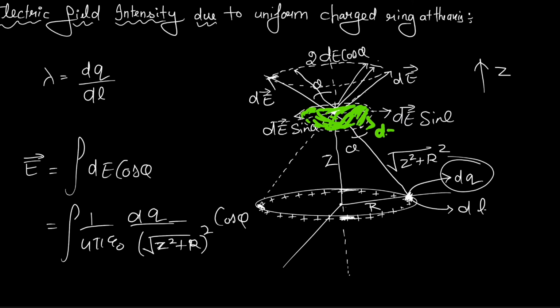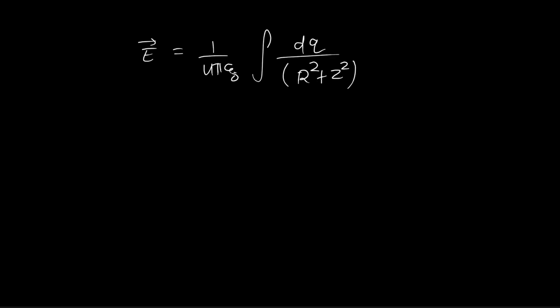The cos theta is the base, which is z, over the hypotenuse, which is the square root of z squared plus r squared, okay, and then just put the value here, then after putting the value we get z by r squared plus z squared to the power 1 by 2.